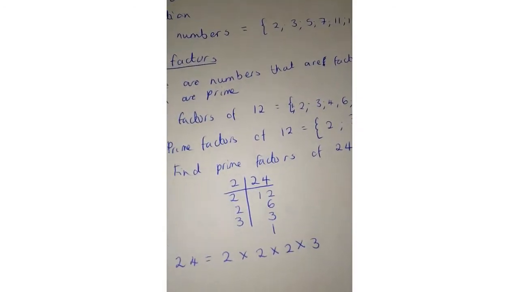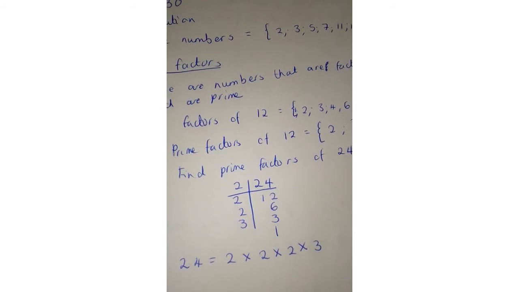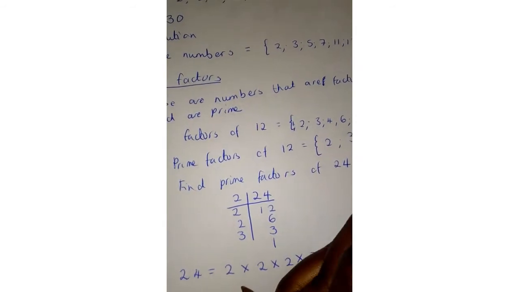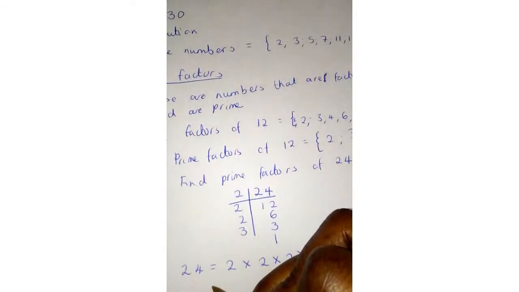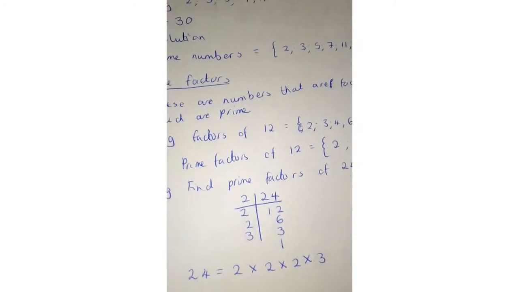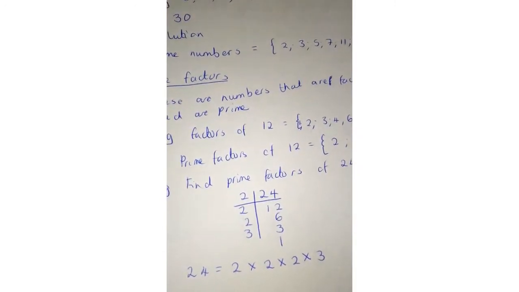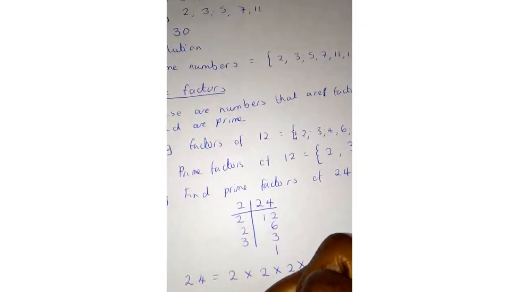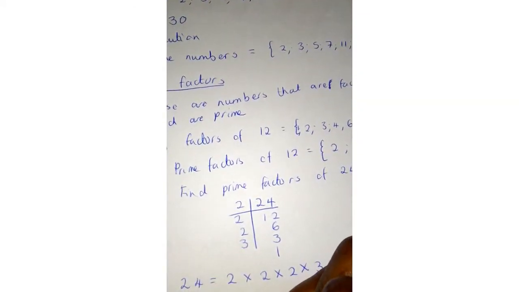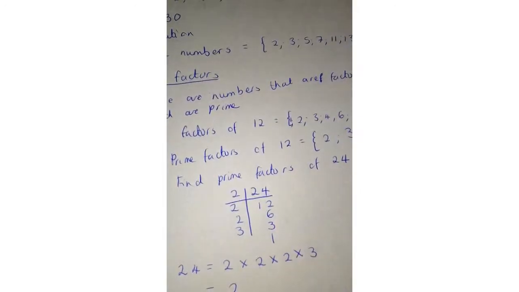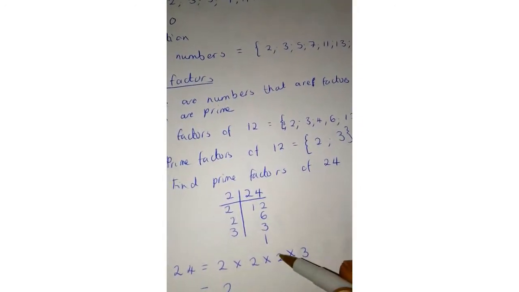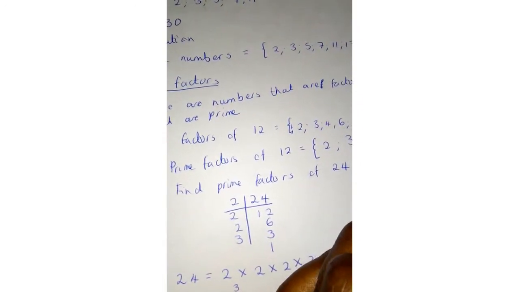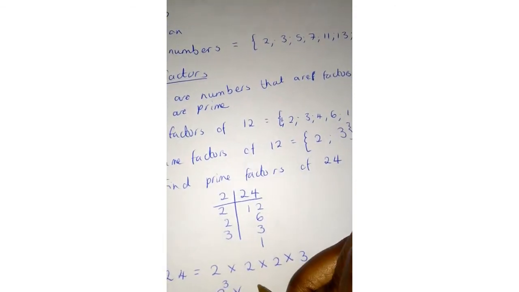If you check with your calculator, you will realize that 24 is equal to 2 times 2 times 2 times 3. And we can write it in indices. This is 2 to the power of what? There are 3 2's, like this, times 3.